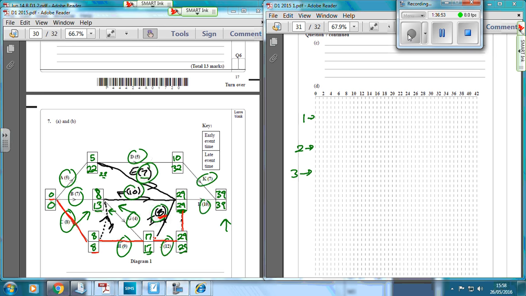We have that one there, and then we go across to this one. The critical activities we're going to give to worker 1, and that's going to give us some marks. So the first one is 0 to 8, and that's activity C. Then we've got activity H, that's another 9 minutes, that takes up to 17.